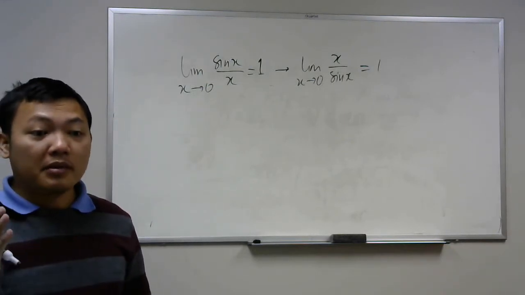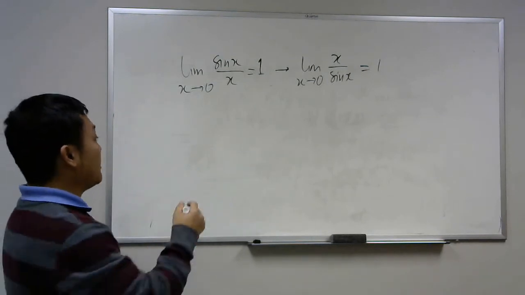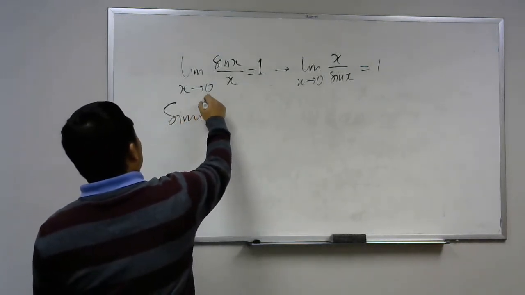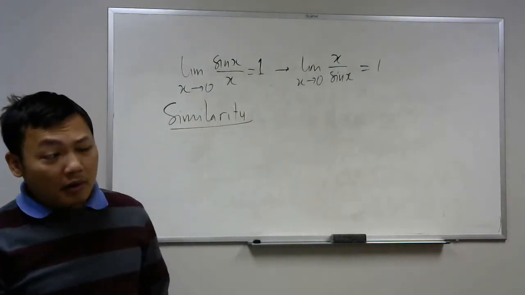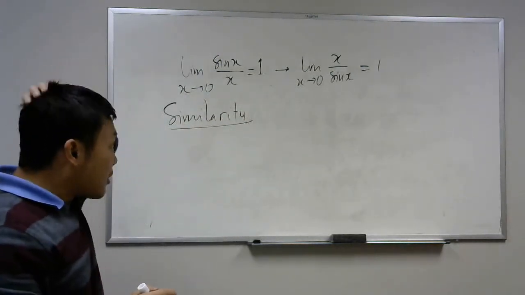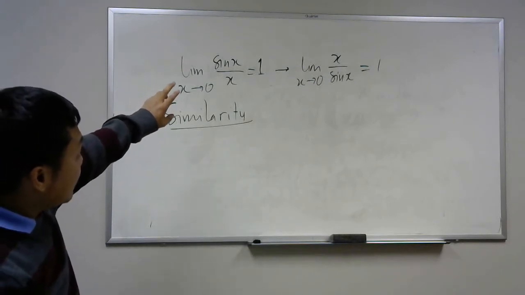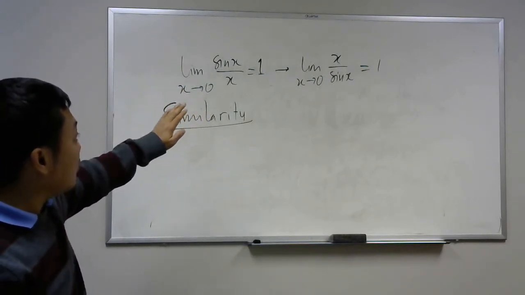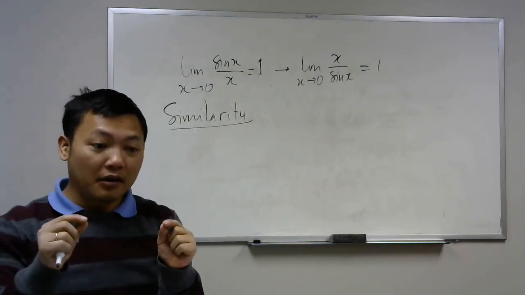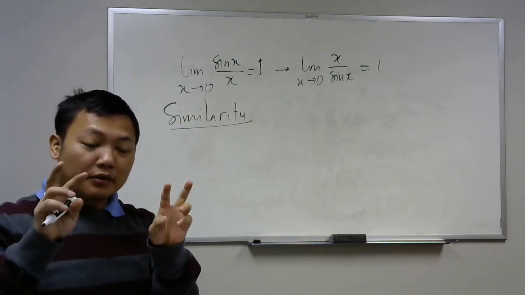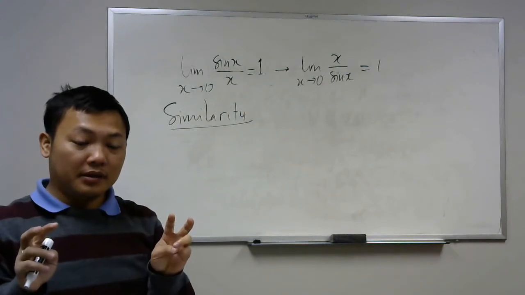I want to talk about similarity. What does it mean? Since we consider the limit of two functions, sine x over x, and that is equal to 1 when x goes to 0, that means when x is very close to 0, these two functions are almost similar.